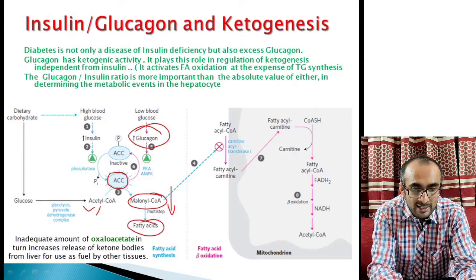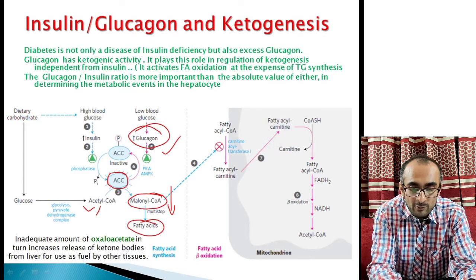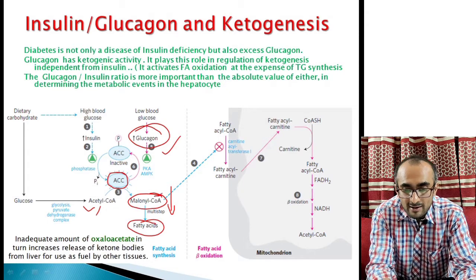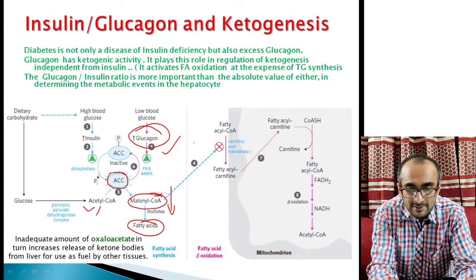So if malonyl coenzyme A is absent, and that's happening in presence of glucagon, it cannot inhibit carnitine acyl transferase CAT1 or carnitine palmitoyl transferase CPT1. It's the same thing.